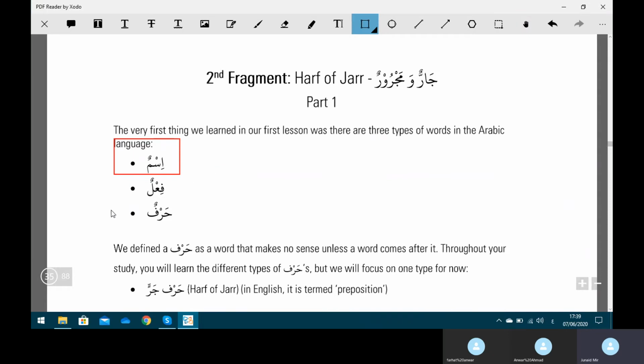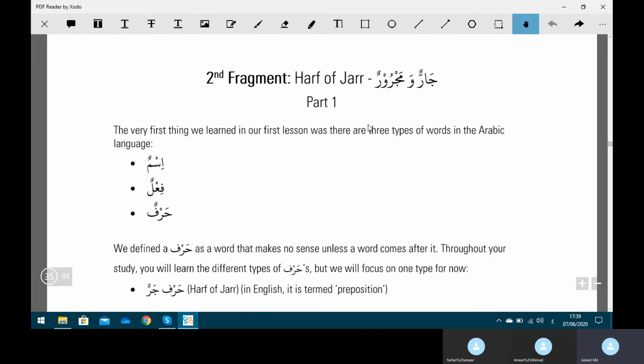We are now going to learn some harfuns. Every word that we were dealing with was an ismun, like huwa, huma, hum. Hada, hadihi, dhalika, tilka, ulaika, haulai, these are all ismuns. Muslimun, muflihun, mustaghfirun, talibun, mudarrisun, and so on. All of them were ismuns.